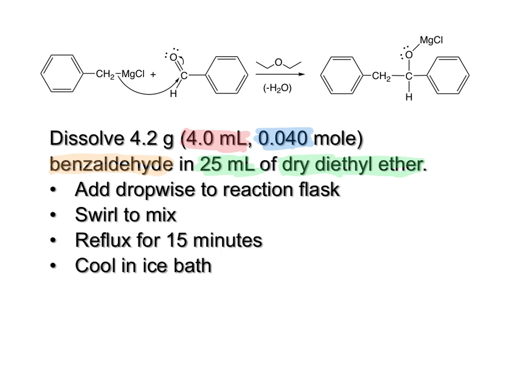Once the reflux period has ended, we're going to add that dropwise to the reaction flask, just like we did the benzyl chloride solution. We want this reaction to go slowly. Periodically, we will stop to swirl the reaction to make sure it mixes.